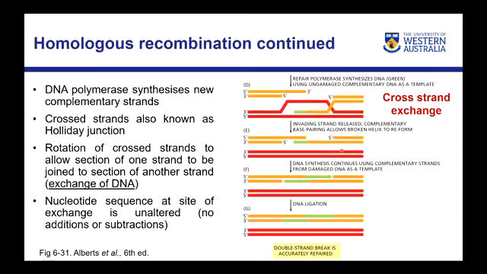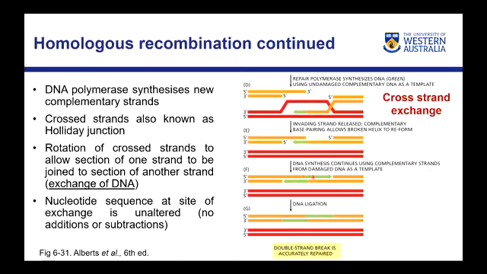Basically, once the damaged bit has been newly synthesized and repaired using the homologous strand, the red chromosome, you get exchange. So it comes back here to join up with the other part of its yellow chromosome, and then DNA synthesis continues using the complementary strands from the damaged DNA as a template.